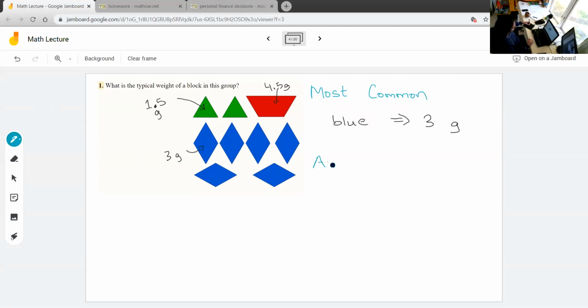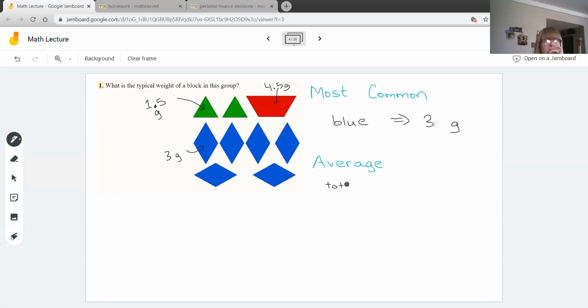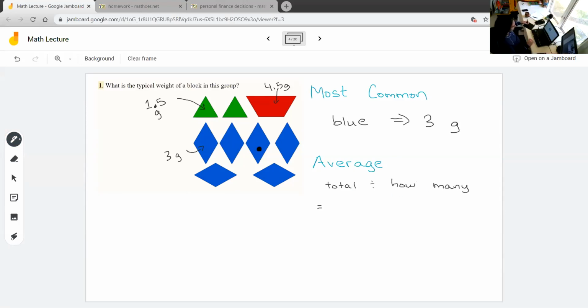You also mentioned average. Everyone remember the formula for average? Add them up and divide by how many? How many numbers are there? So what's the total? 1, 2, 3, 4, 5, 6 times 3 plus 2 1.5s plus a 4.5.